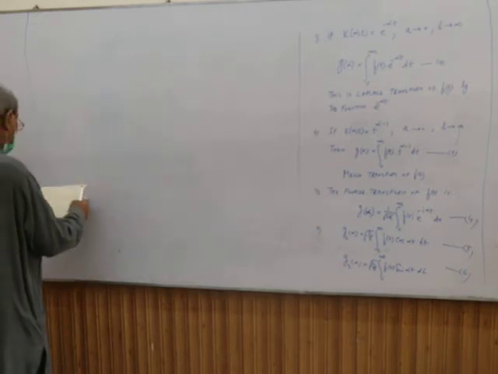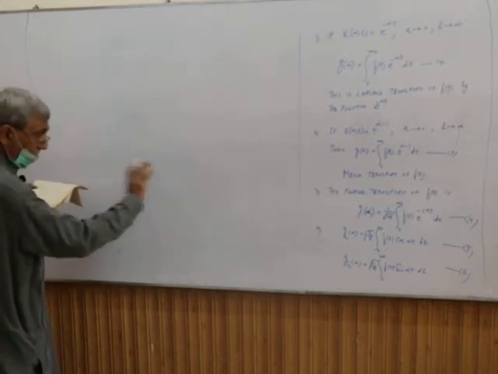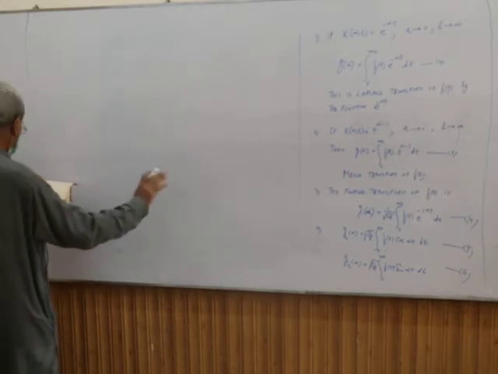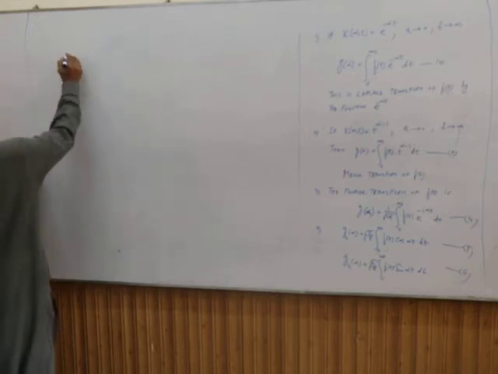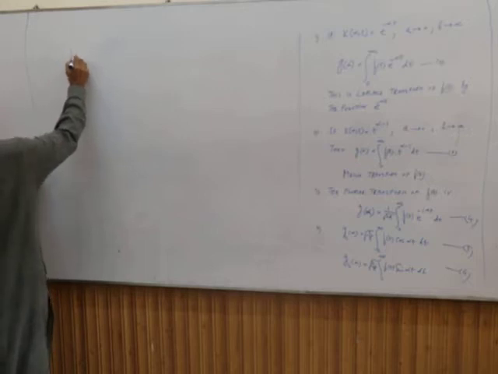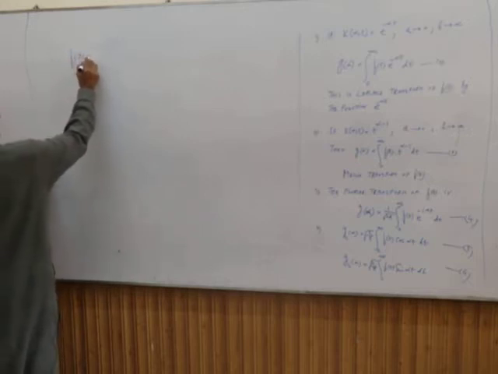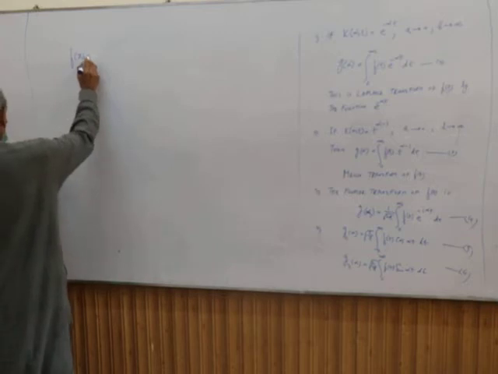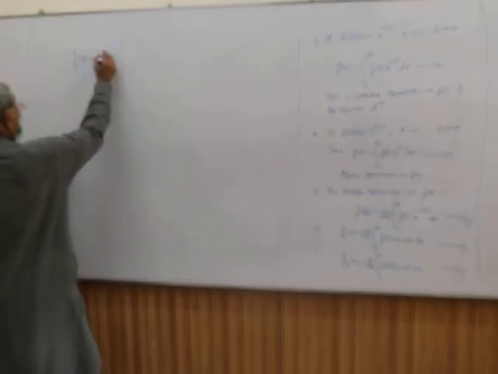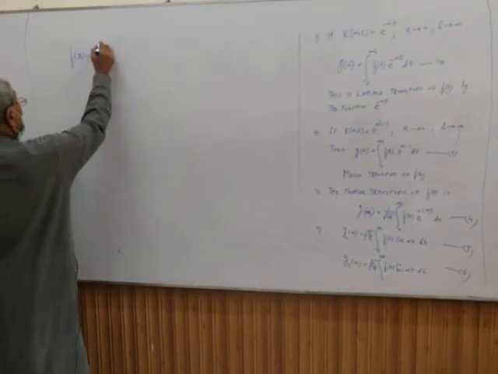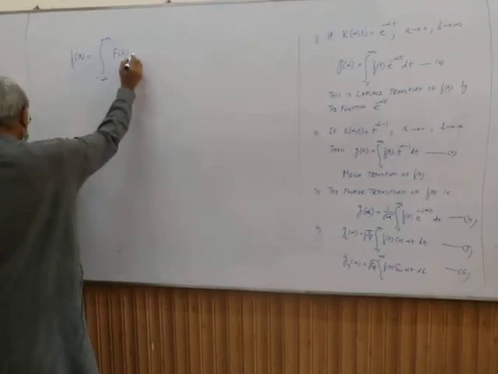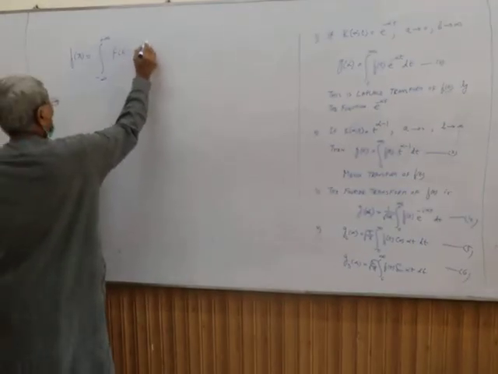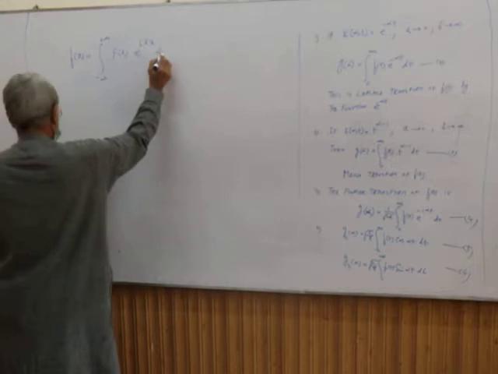Here we were talking about variable t. Now I am going to write the Fourier transformation: f(x) is equal to integral from minus infinity to plus infinity of f(k) e raised to the power ikx dk.